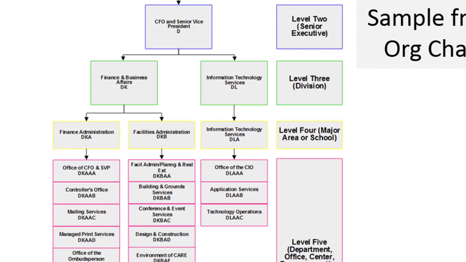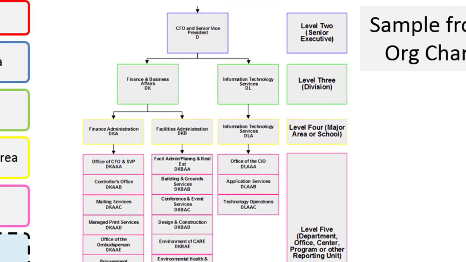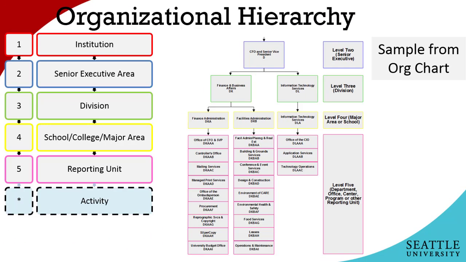Notice also that the fourth and fifth digits provide distinction between reporting units. Changes to activity managers or other adjustments to the organizational hierarchy are reviewed and implemented by the University Budget Office to ensure data integrity. As was mentioned earlier, the organizational hierarchy allows for organizing and identifying responsibility for financial resources.